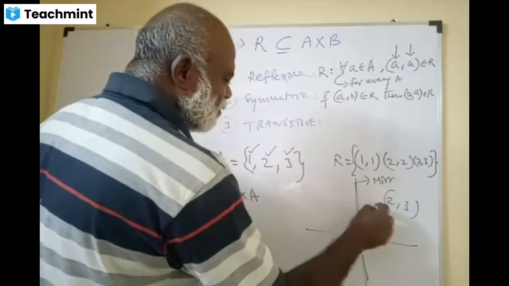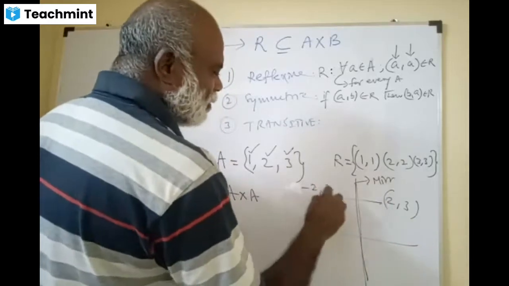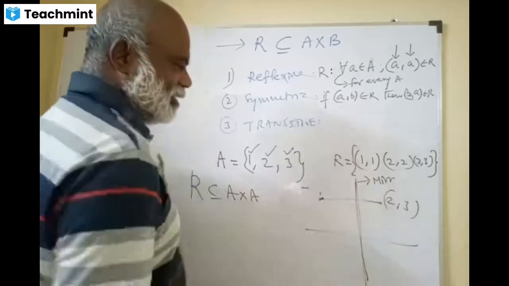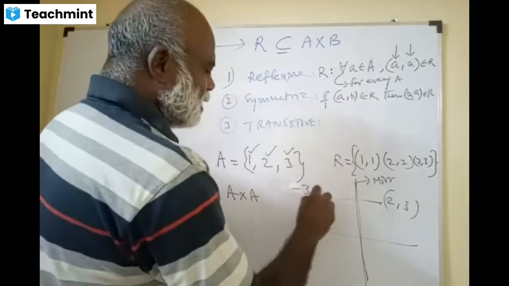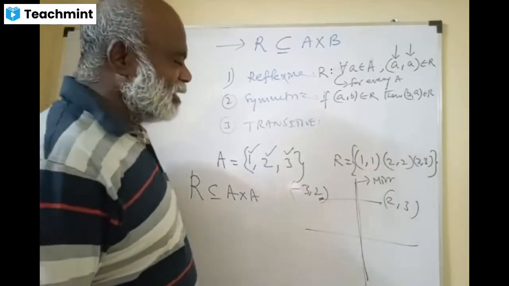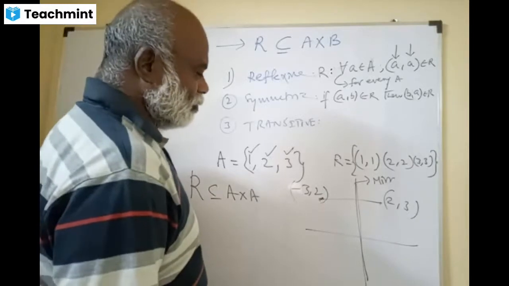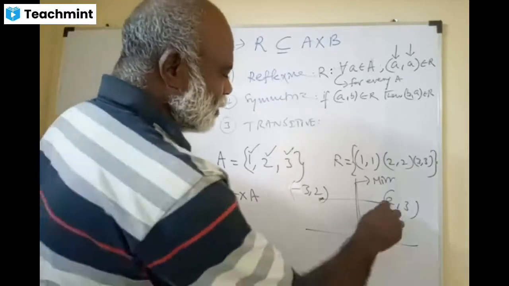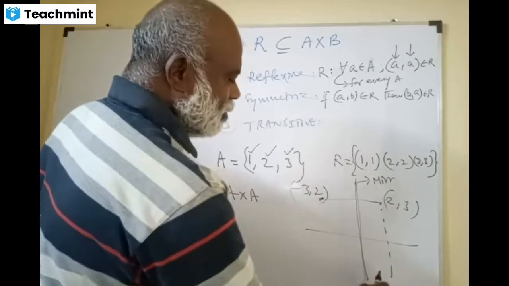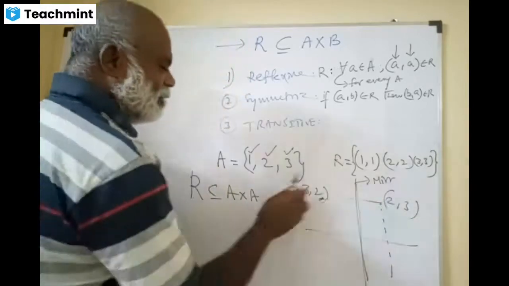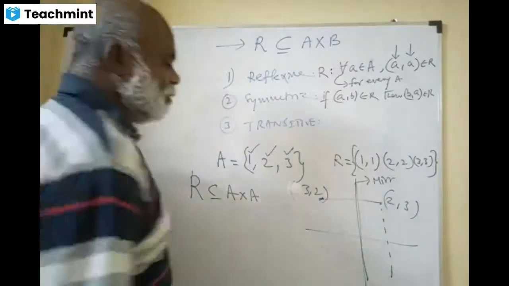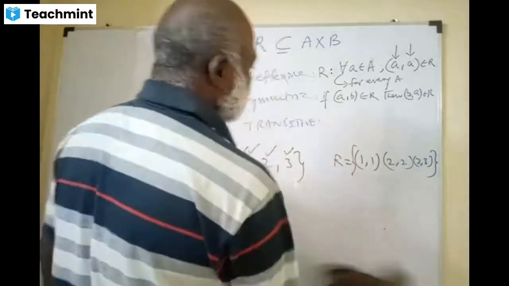What are the coordinates if I reflect on the y-axis? You get minus 3 comma 2. Forget about the minus now. That's called symmetry: 3 comma 2 and 2 comma 3.